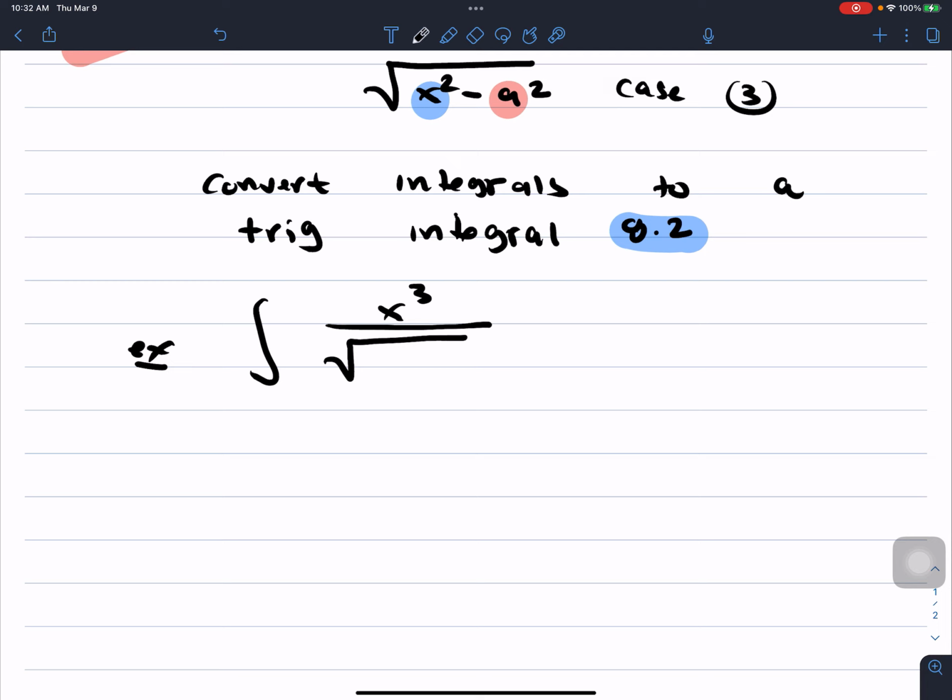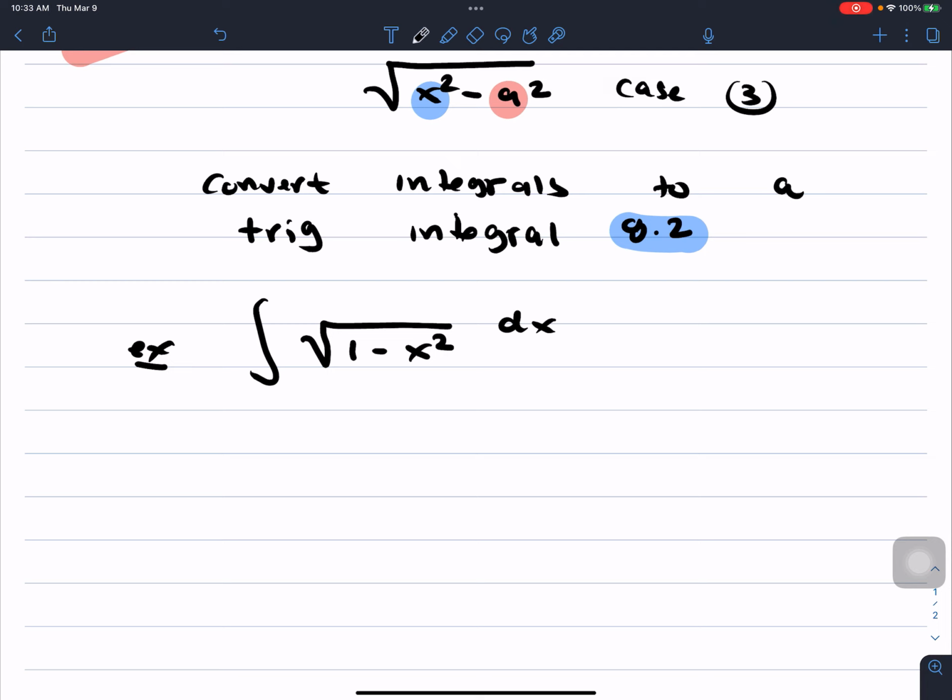Okay, let me try this. Or maybe, no, let's try to do a simple one. I apologize. Maybe just say the square root of 1 minus x squared dx. Hopefully that's going to be a nice and simple one.